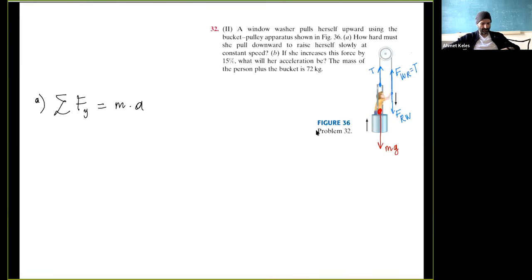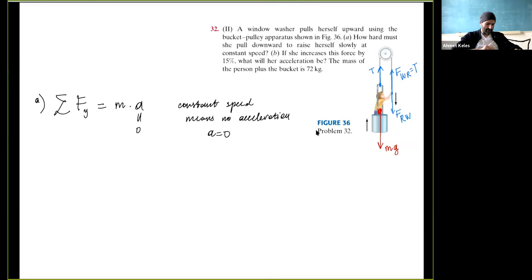So let me look back at the problem. They ask how hard must she pull downward to raise herself slowly at constant speed. When I see constant speed, my understanding is constant speed means no acceleration, right? Then a is equal to 0. I'll put this guy 0.